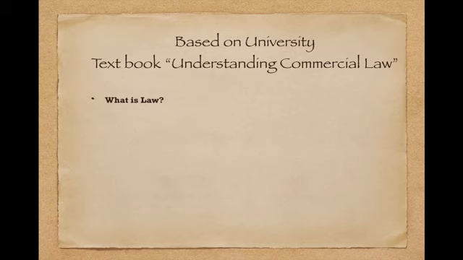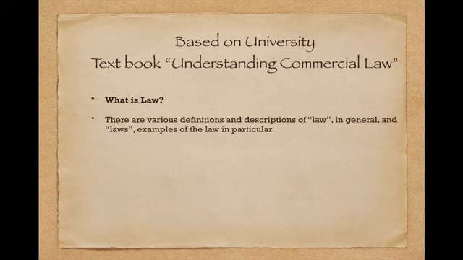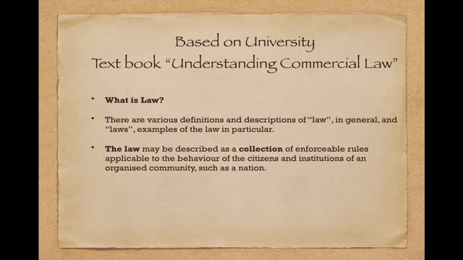In this textbook, Understanding Commercial Law, the first chapter asks what is law, and then they go into the explanation of it. There are various definitions and descriptions of law in general, and laws, examples of the law in particular. The law may be described as a collection of enforceable rules applicable to the behavior of the citizens and institutions of an organized community, such as a nation.